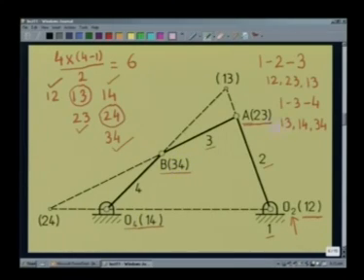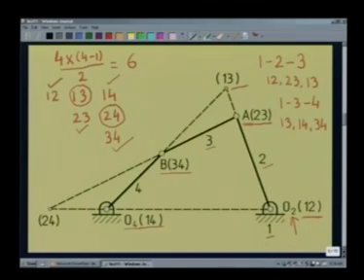So 1, 3 must be on the line joining these 2 relative instantaneous centers 1, 4 and 3, 4, that is 1, 3 also lies on the line O4B. So we have said 1, 3 lies on the line O2A and also lies on the line O4B. As a result, 1, 3 lies at the intersection of these 2 lines when extended, that is here, and we locate 1, 3.